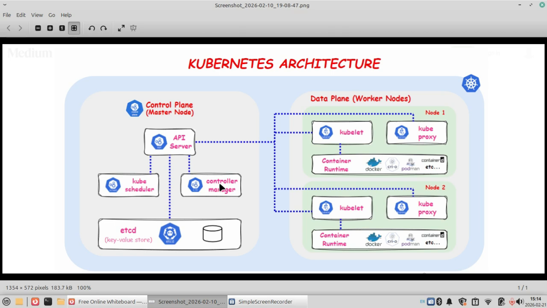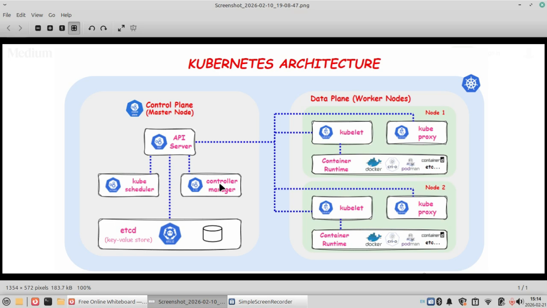For example, if I say that I want 3 replicas of this application, the controller is going to check how many replicas are currently running. If it sees only 2, it creates another one. All right. So this is how Kubernetes enforces your desired configuration.